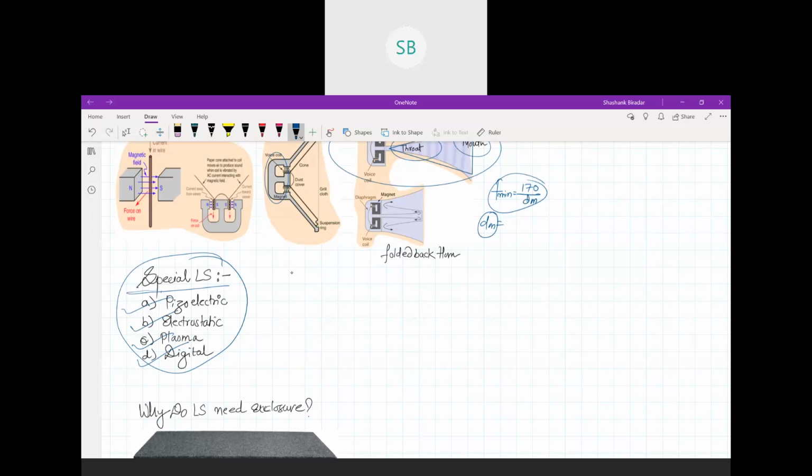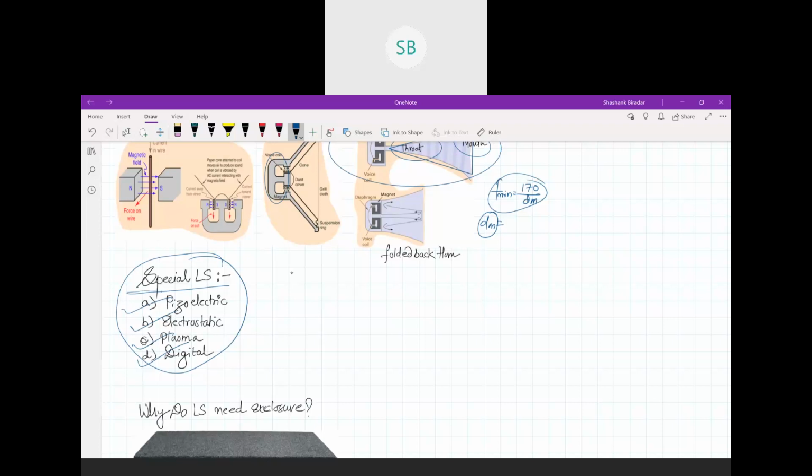Then the directivity. Basically, most of the loudspeakers cover a wide range of angles of directivity, but for that purpose they have to be enclosed, or they can be made directional by using baffles and enclosures.